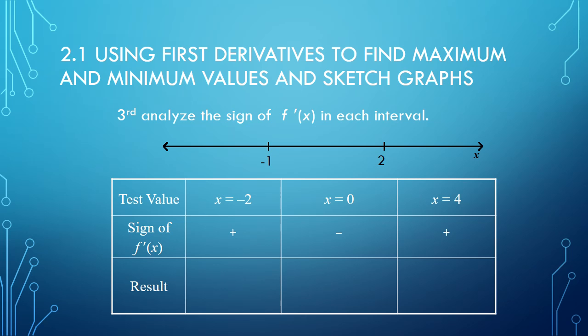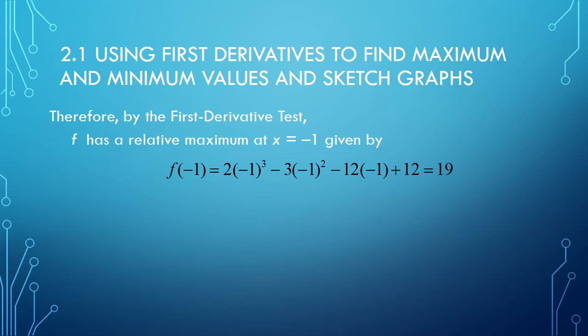To the right, it's negative, which means negative 1 is going to be a relative maximum. And then for 2, it's negative on the left and positive on the right, so it's going to be a relative minimum. I like to make a little sketch of it, which I'll show you how to do in class, and actually be able to visualize what's going on there.